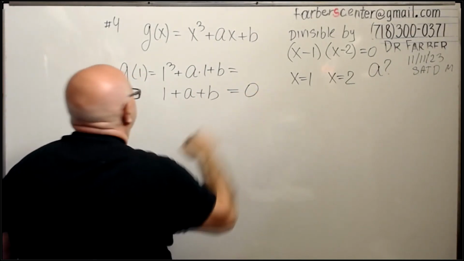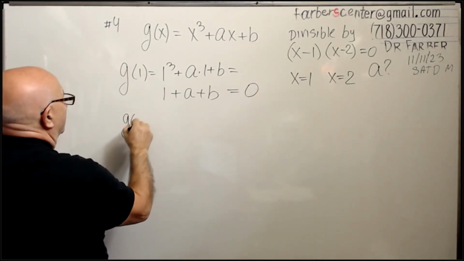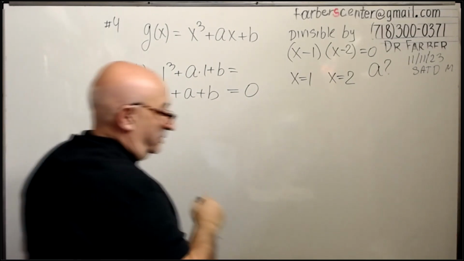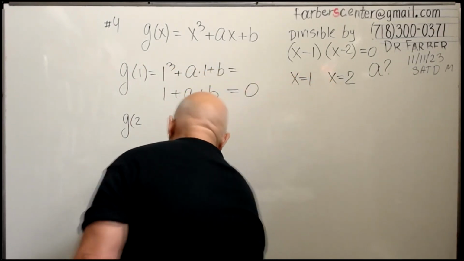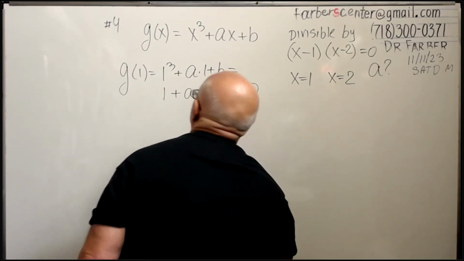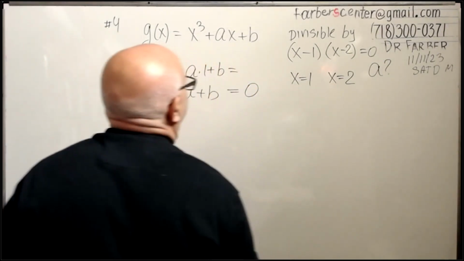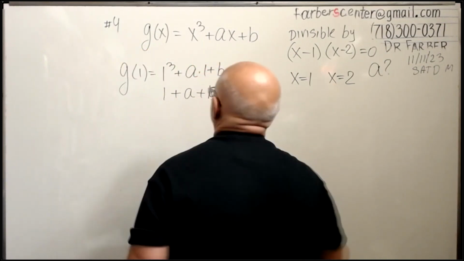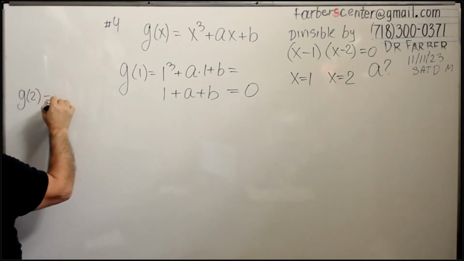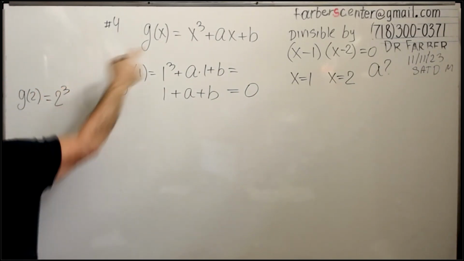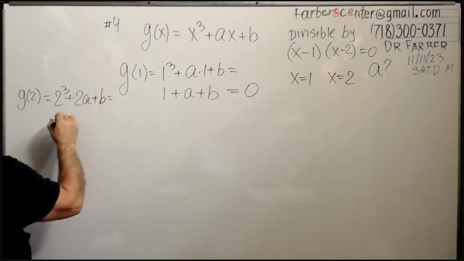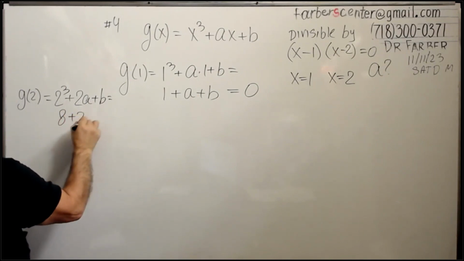But we have the second rule, g of 2. To save time and space, I write over there, because we have a system of equations. So g of 2 equals 2 to the third plus 2a plus b, which is 8 plus 2a plus b.